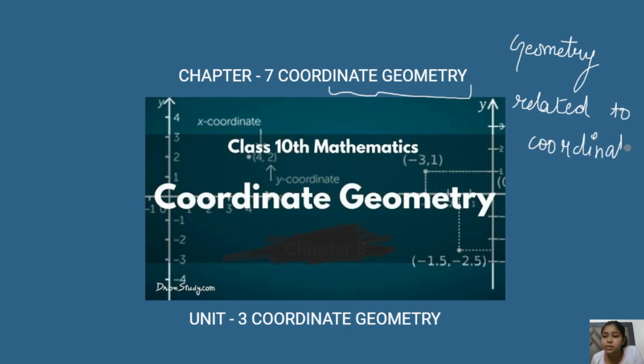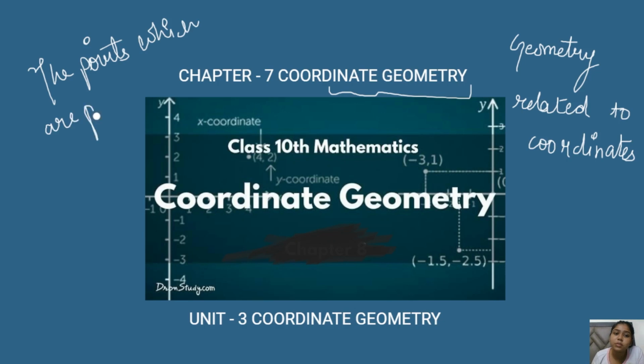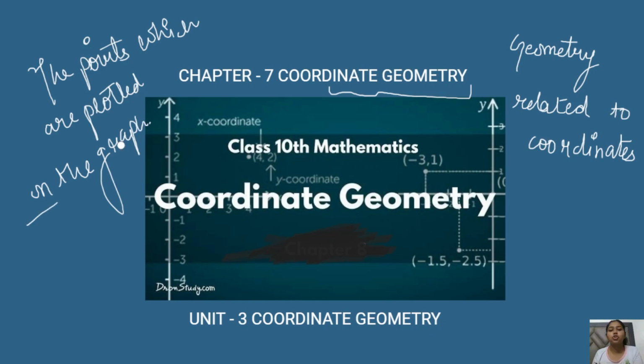Coordinates are basically points. Just pay attention here, students: coordinates are the points which are plotted on the graph. When certain points are plotted on the graph, these points are known as coordinates, and the geometry of these coordinates is known as coordinate geometry.